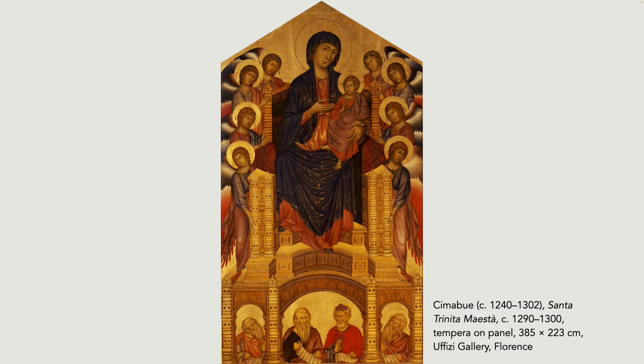The word isn't a derogatory word. It was used to mean gentle and pure. Cimabue died in Pisa around 1302, and he left behind a body of work that we can now see bridge the gap between the medieval and the Renaissance.